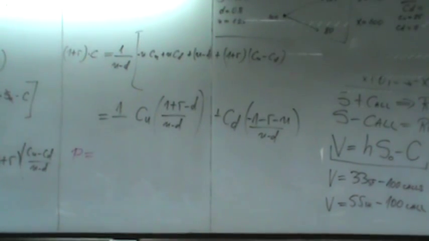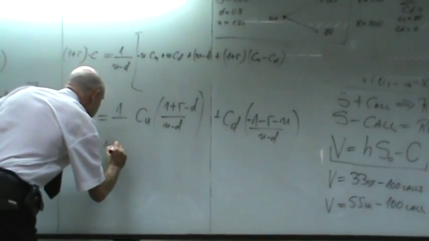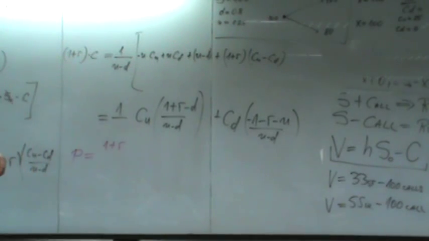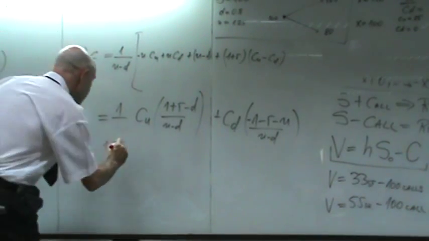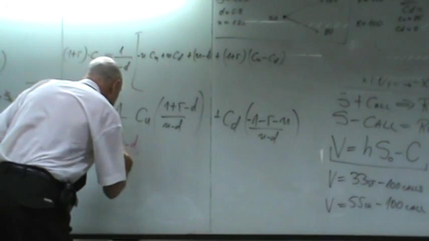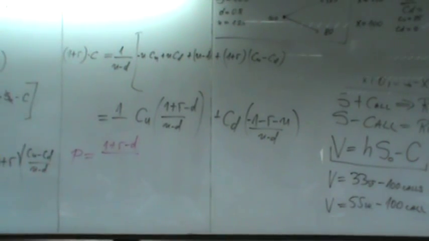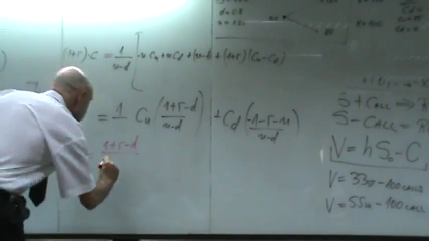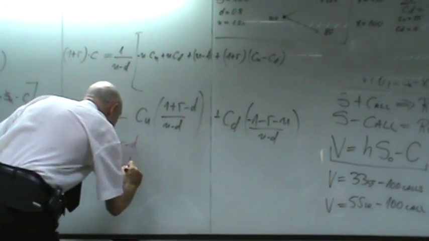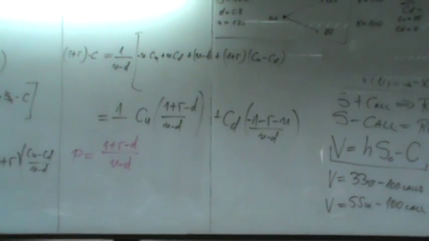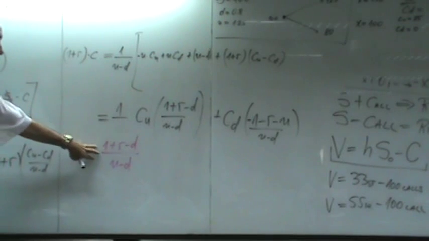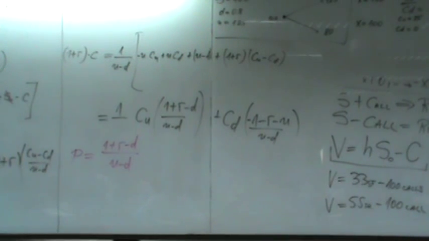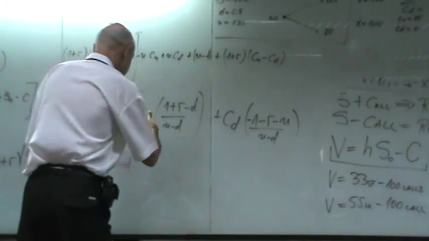And now you got this P, which is 1 plus R minus D, divided by U minus D. So when you use this one, it becomes the following.